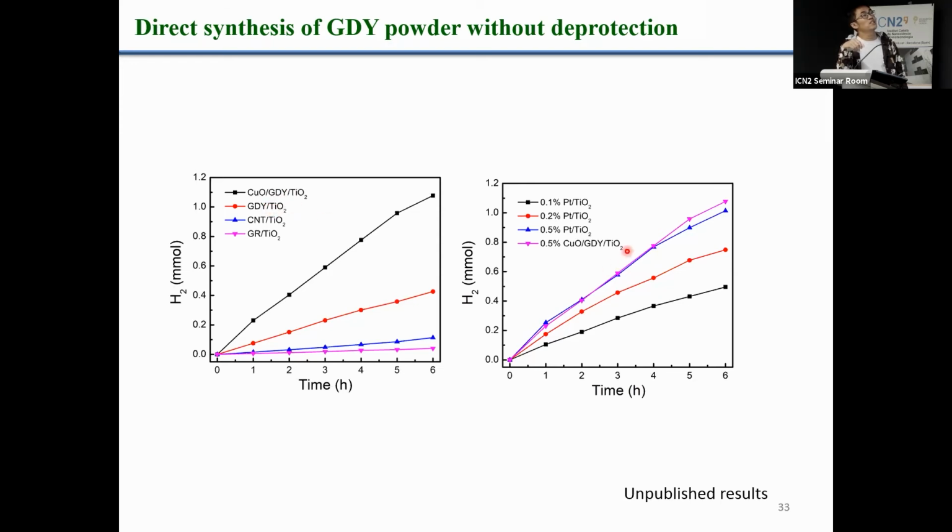And we can see that 0.5% copper oxide TiO2 is comparable even to platinum TiO2. That means our method can not only get the graphene part with very high yield, it can also get the co-catalyst. And this co-catalyst with graphene has very good activities, even comparable to platinum.